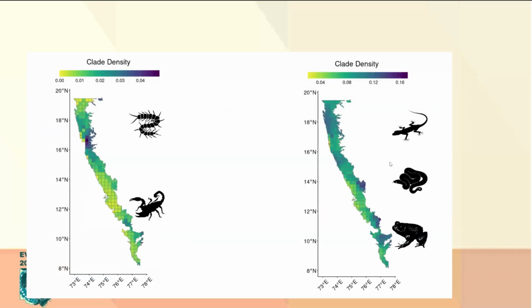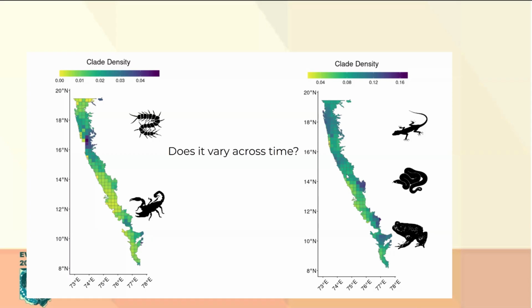What we found is that for arthropods, it was in the northern parts that the clade density was quite high. However, the other regions of the Western Ghats didn't show much of this niche saturation, whereas for the chordates, we found that the clade density was uniform across the entire landscape.